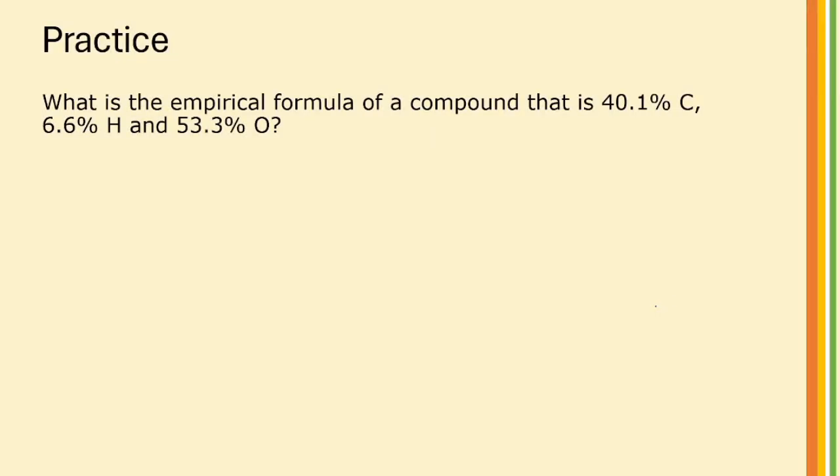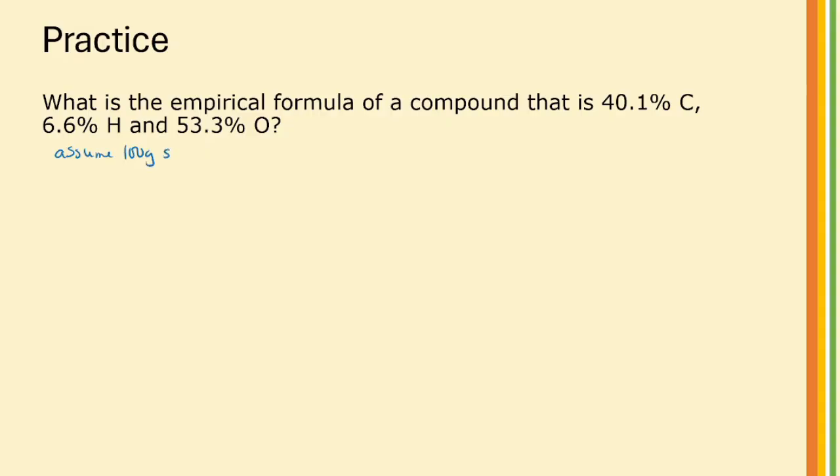This is sort of the reverse problem. What is the empirical formula of a compound that is 40.1% carbon, 6.6% hydrogen, and 53.3% oxygen? So in this case, I'm going to assume that I have a 100-gram sample.